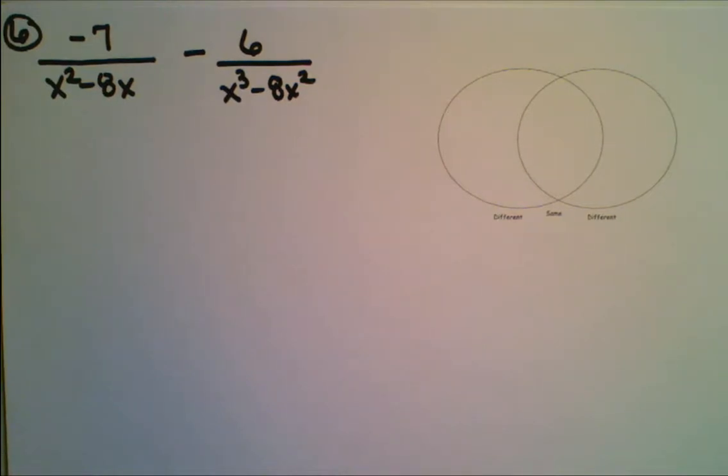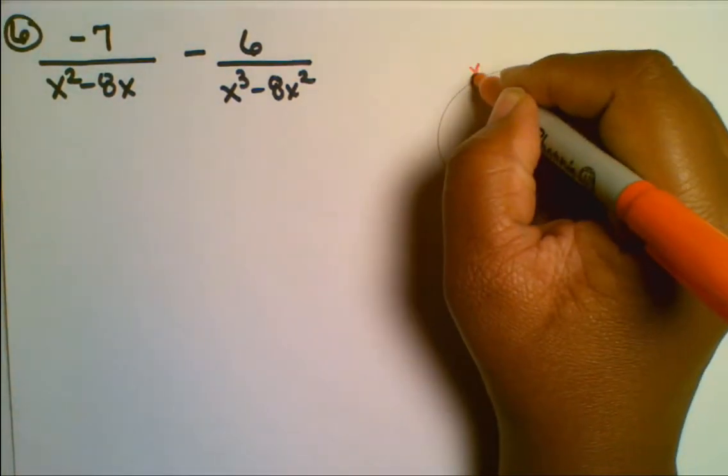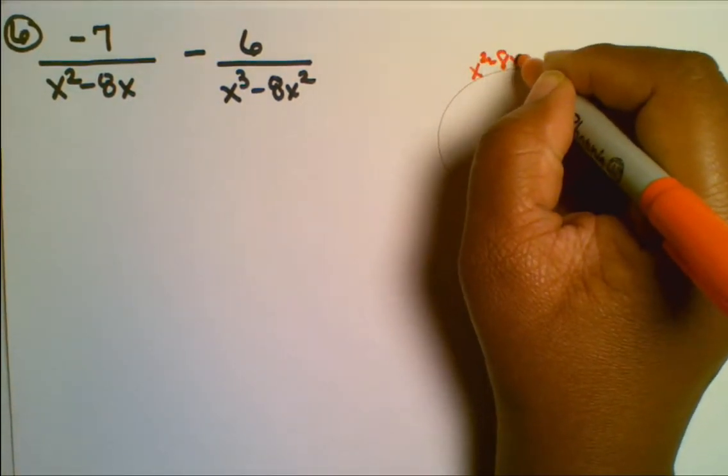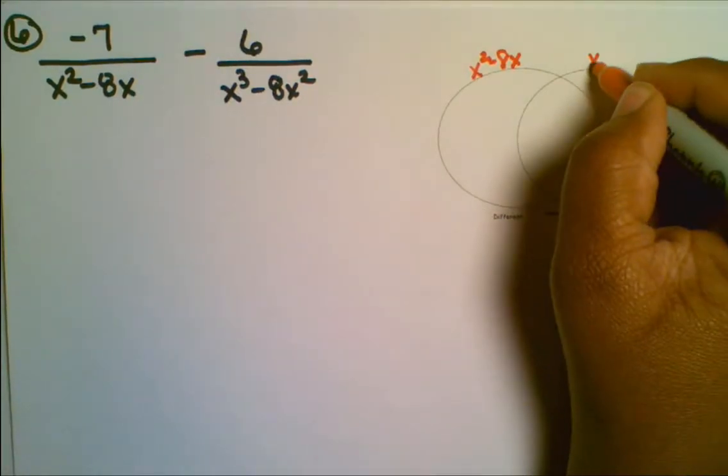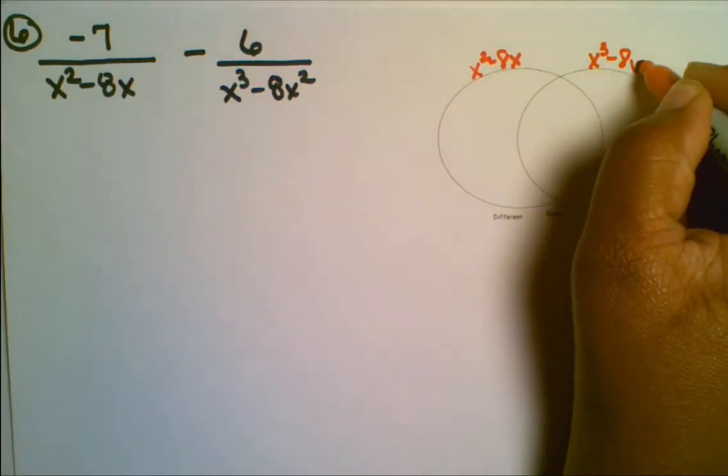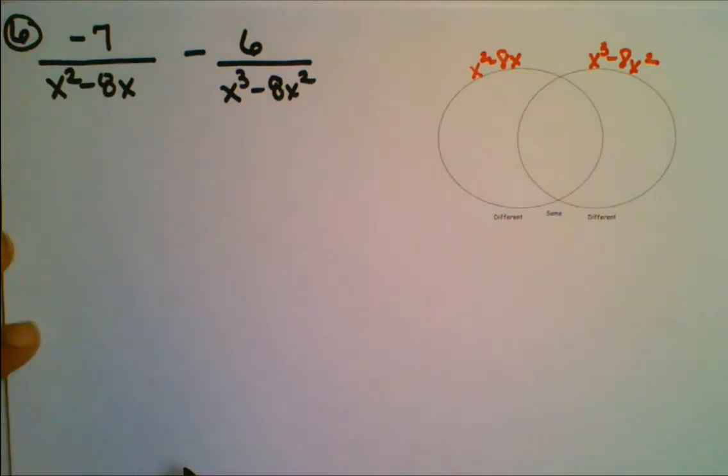Number 6, we have negative 7 all over x squared minus 8x, minus 6 all over x cubed minus 8x squared. All right, so we want to find the LCD, but before we do that, let's factor the denominators.